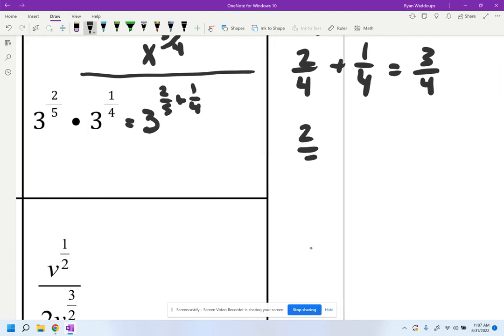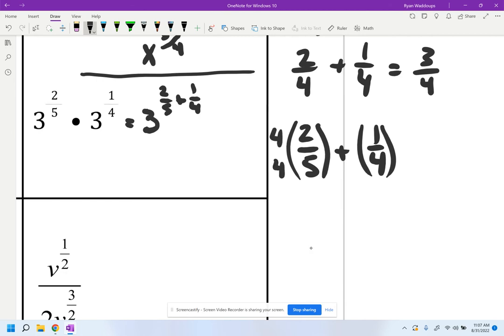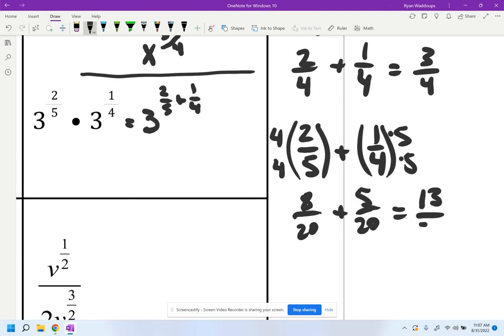For 2/5 plus 1/4, multiply by 4 over 4, and here by 5 over 5, because the common denominator would be 20. 4 times 2 is 8 20ths plus 5 20ths, and that would give us 13 20ths. And so this is 3 raised to the 13/20ths power.